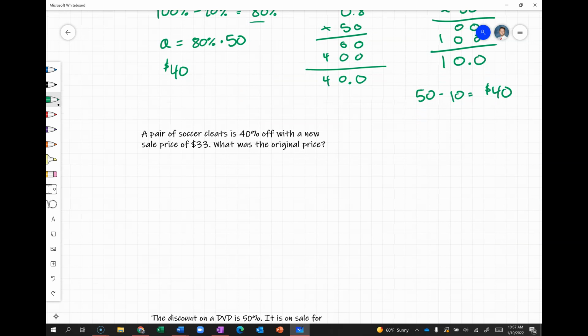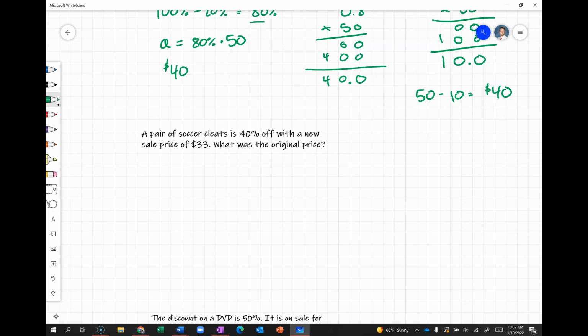Now, what about finding the original price? Here we have a pair of soccer cleats that is 40% off with a new sale price of $33. This time we know the sale price and we know the discount. We want to know the original price. So again, you can use either method here.